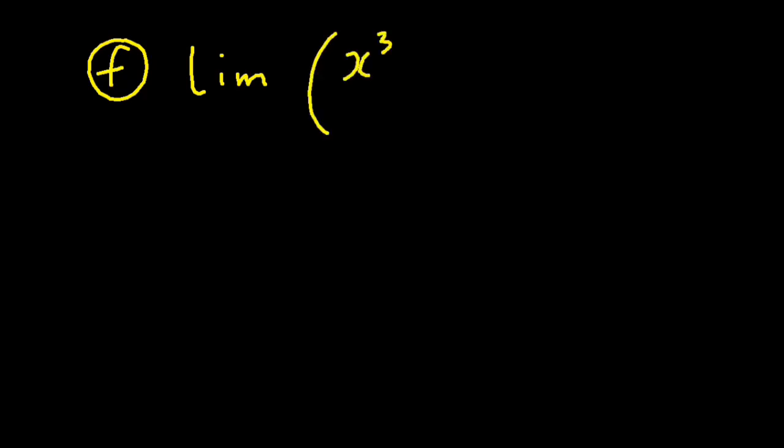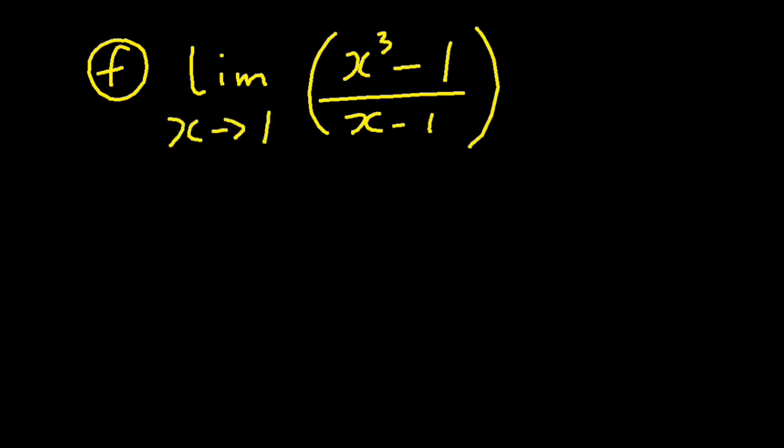Thank you. Now let's move on. Another example, F. The limit of x raised to power 3 minus 1 over x minus 1 when x tends to 1. Now for this one, you can see that x raised to power 3 minus 1 is also the same thing as x raised to power 3 minus 1 raised to power 3, and this can be factorized by using this formula.